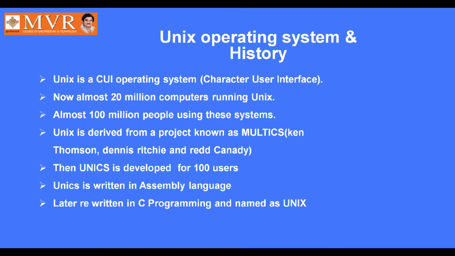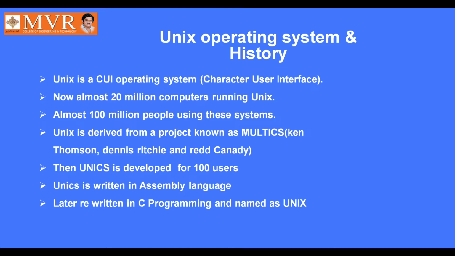So what is the difference between Multics and Unix? Multics is meant for only 2 users, whereas Unix is meant for 100 users. So 100 users can share the same data at the same time. That is the big difference between Multics and Unix.